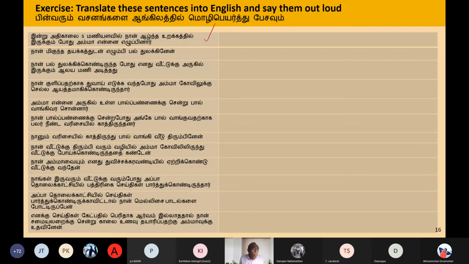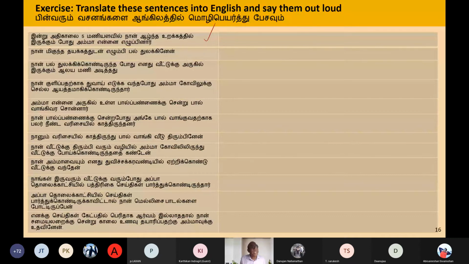I'm not saying anything wrong, but better English would be "started to ring," like "the alarm started to ring." "Alarm rang" is very past. ஆலய மணி அடித்தது becomes past tense, while "it started to ring" means it's ringing.